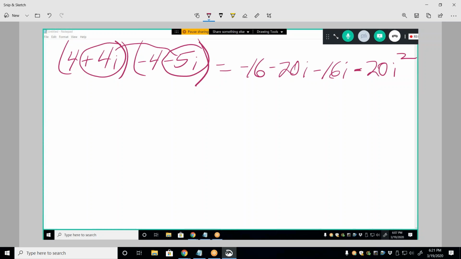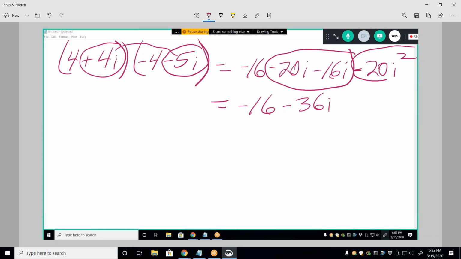Now simplify. Always start there. Those middle two terms are always going to be simplifiable. So that's negative 36i. And then what's that whole thing equal to?